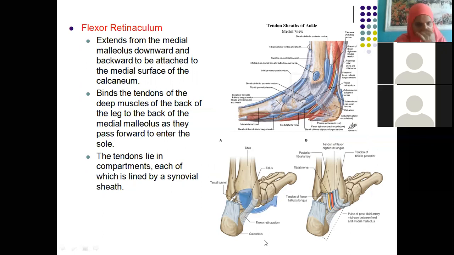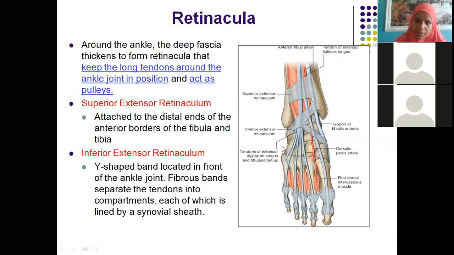So actually it is moving from the calcaneum, the stem, then the upper band is going and getting attached to the anterior border of the tibia, and the lower band is going towards the medial cuneiform and also the navicular. These are the attachments.